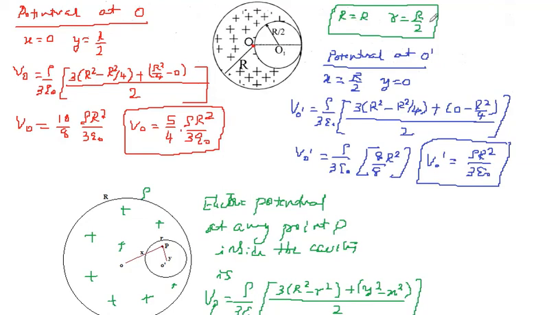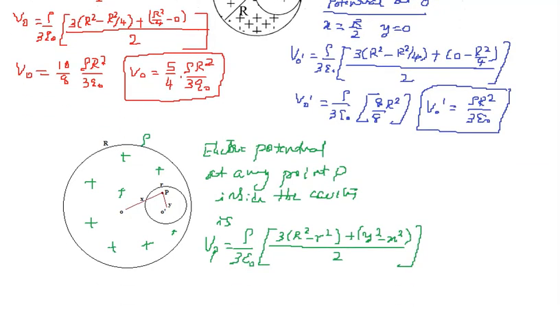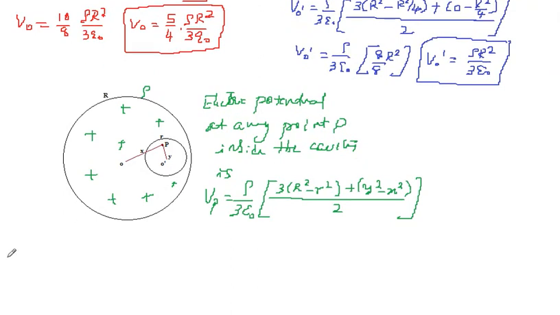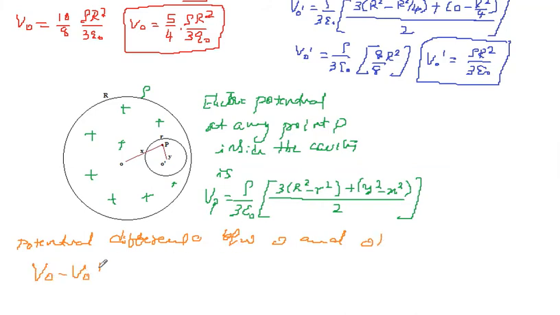So for that I am doing my calculation further here. Now potential difference between O and O dash is VO minus VO dash.